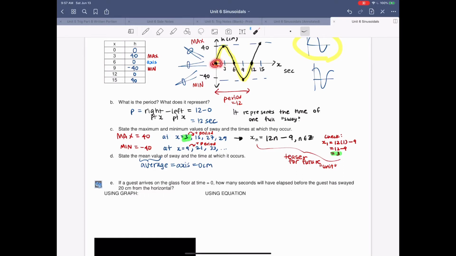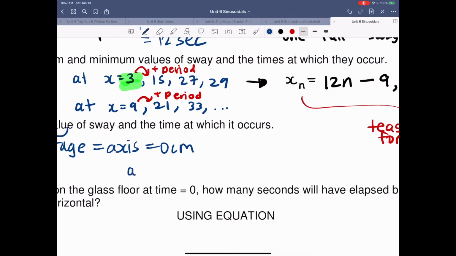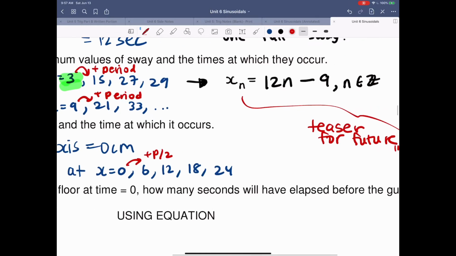So instead of adding a period to these values, you could get any of these values by adding half the period. And therefore, you would say it is occurring at 0, 6, 12, 18, 24. And I am adding plus half a period every time.